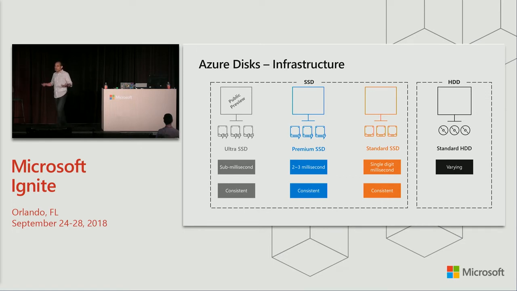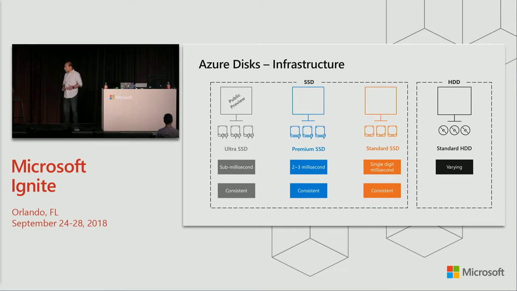So that brings about a fundamental difference in the latency profile. Hard disks have longer latencies than SSDs, and they also have more frequent variability in the latency, whereas SSDs come with much more consistent latencies.